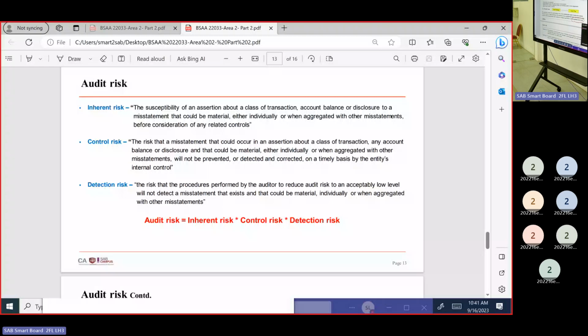So the high magnitude, high likelihood of occurrence, that's a significant risk. Impact to the balances, financial impact as well as qualitative impact. Right?